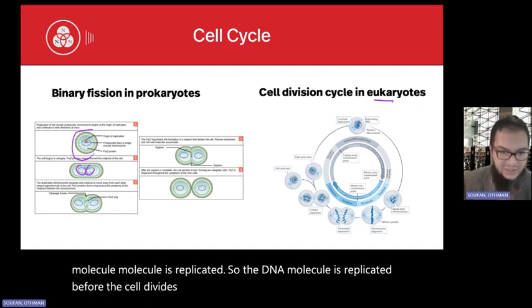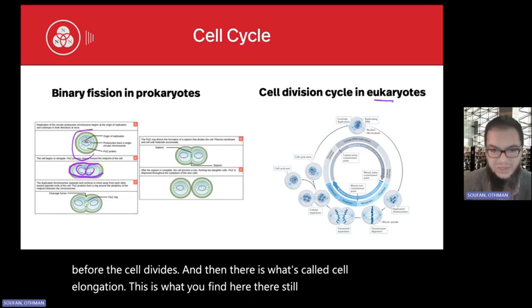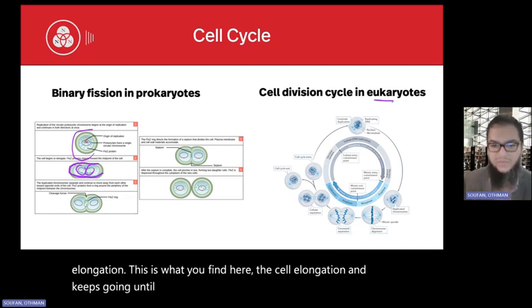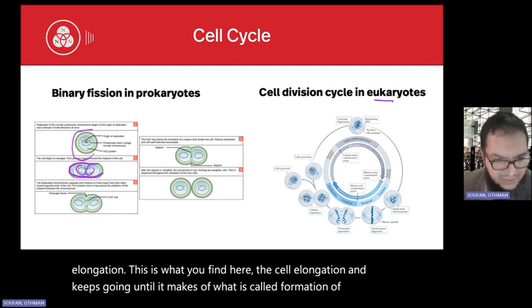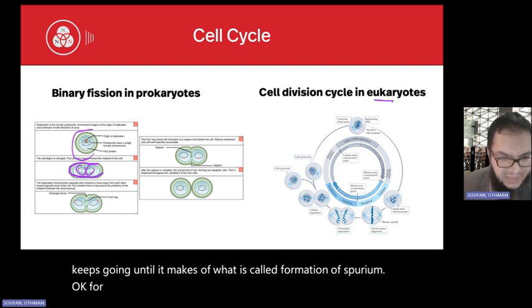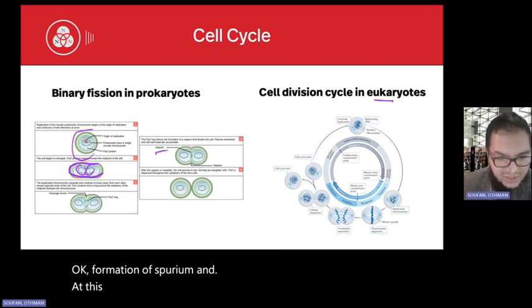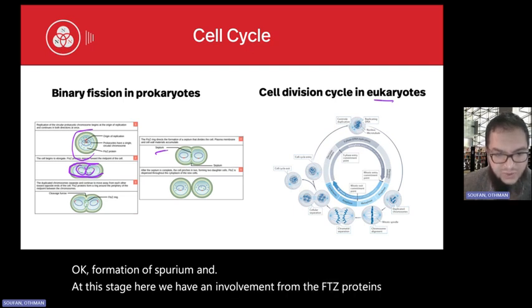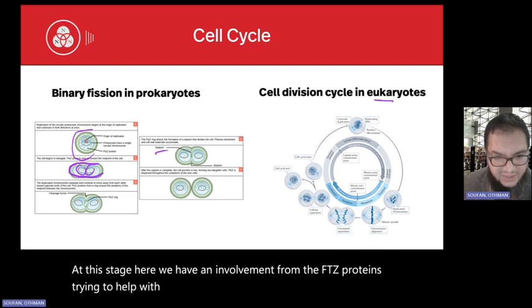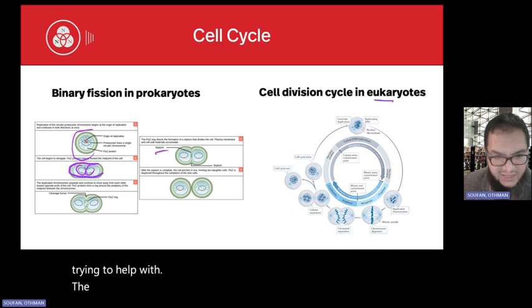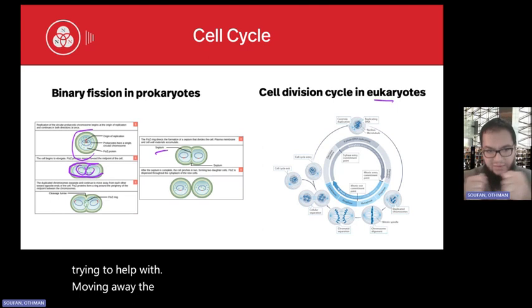And then there is what's called cell elongation. This is what you find here, the cell elongation, and it keeps going until the formation of a septum. At this stage we have involvement from the FtsZ proteins, helping to move the cells apart, pushing them towards 2 different poles.